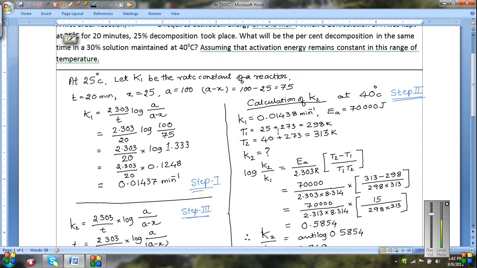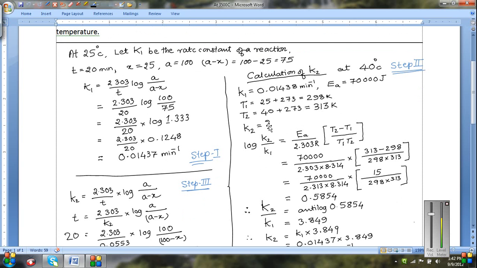Initial temperature 25 degrees Celsius, convert it into Kelvin, 298 Kelvin, and T2 is 40 degrees Celsius, convert it into Kelvin, it is 313 Kelvin. Now if K1 is known, how to calculate K2? When temperatures T1 and T2 are given, you can use Arrhenius equation of energy of activation.